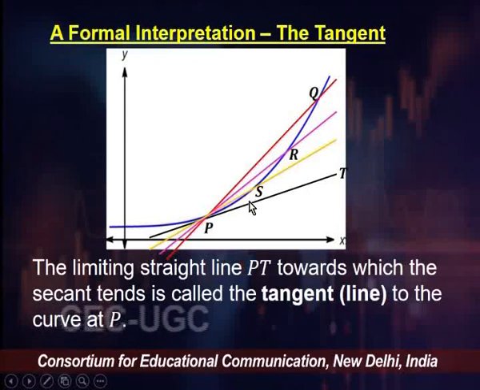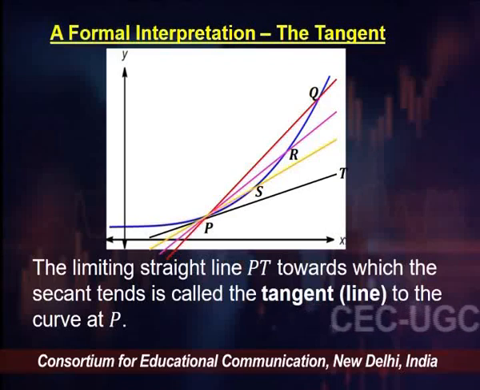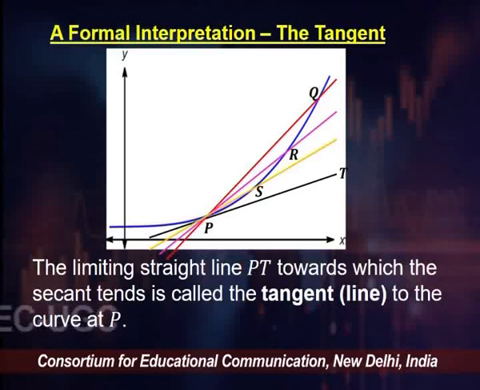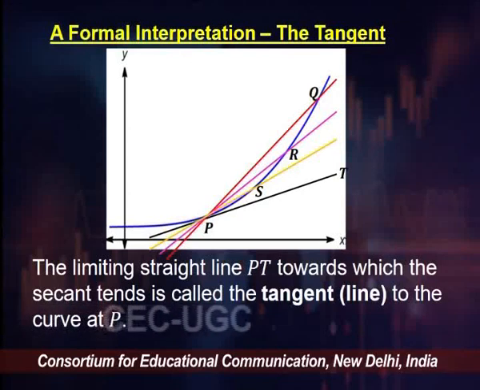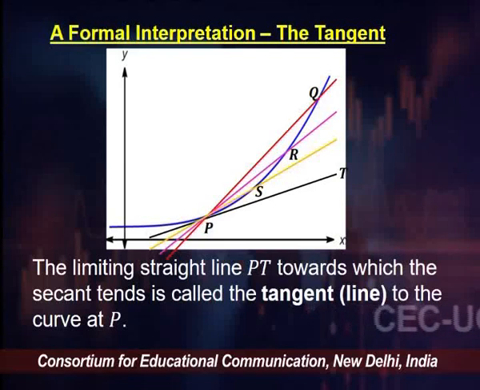As Q moves closer and closer to P, it basically means that I'm taking very small changes. Ultimately, I'm getting towards very small changes in x, infinitesimally small changes in x.